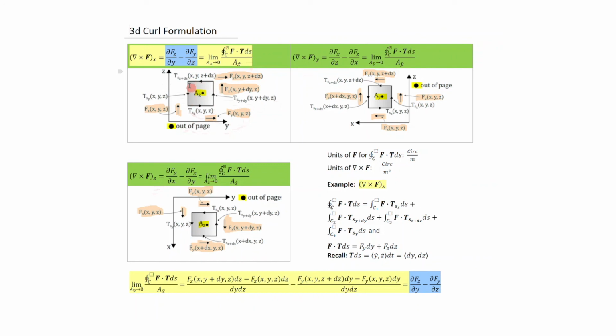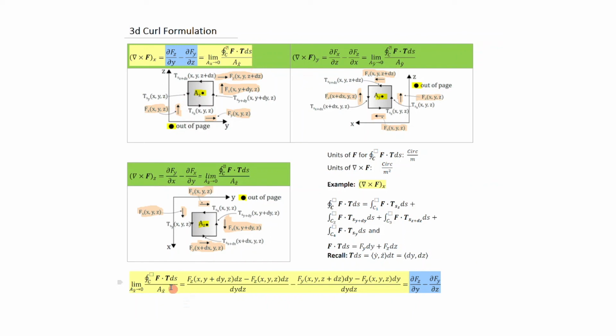And similarly on this one, we'll have x, y, z. And so we set this integral up. You'll notice that the dot product between this and this will be negative, and between this side and this side will be positive, and this side will be negative. So we have two negatives and two positives.